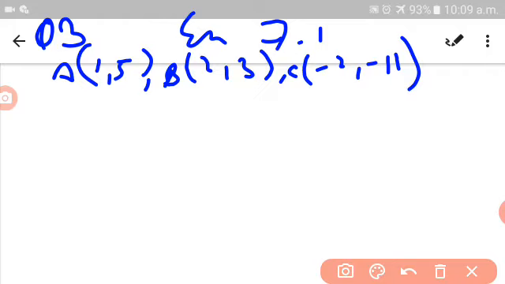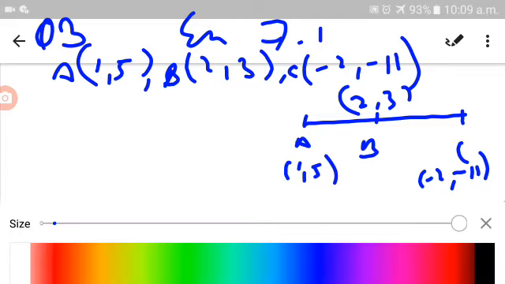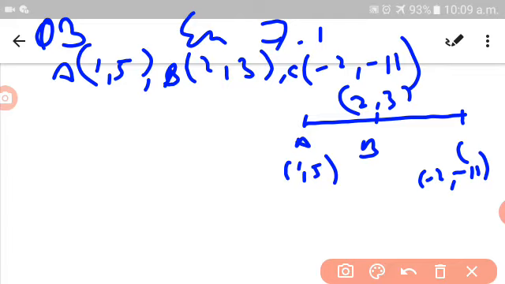Okay, so let us assume that these points are collinear. This is point A, this is point B, and this is point C. To check, we will find that because these are collinear, AB plus BC should be equal to AC.